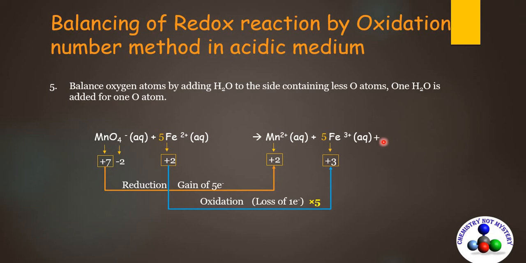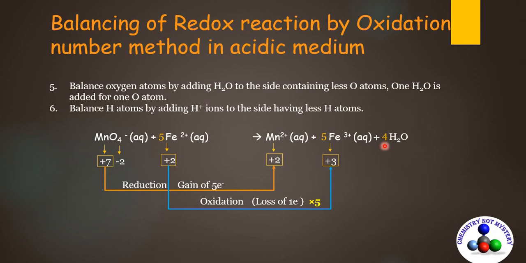So we will add H2O on the right side of the reaction and we need to add 4 molecules of H2O. Next step is to balance hydrogen atoms by adding H+ ions to the side having less hydrogen atoms. Here we have 8 hydrogen atoms on the right side of the equation, so we need to add 8 H+ ions to the left side of the equation.